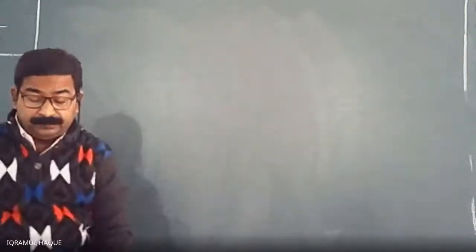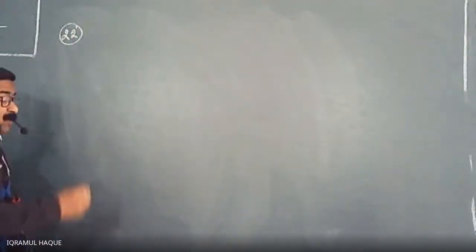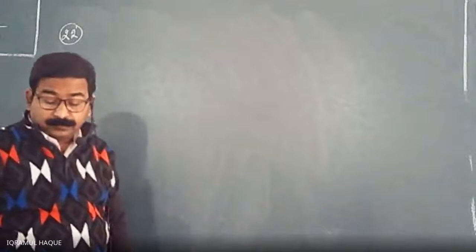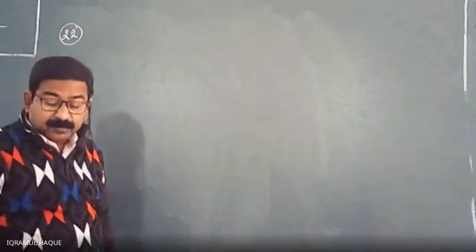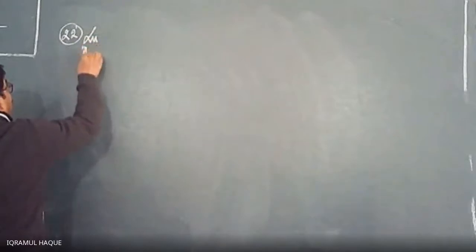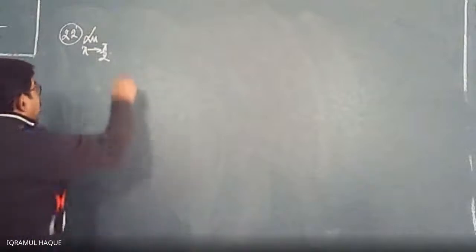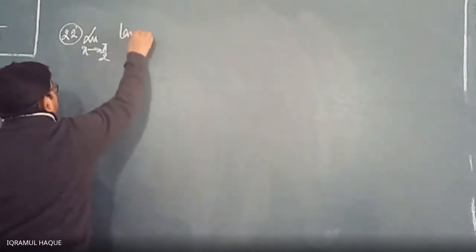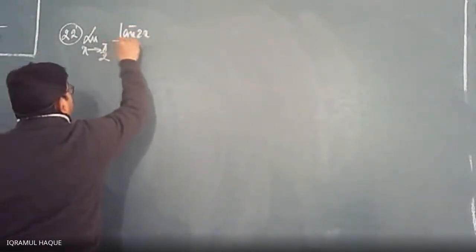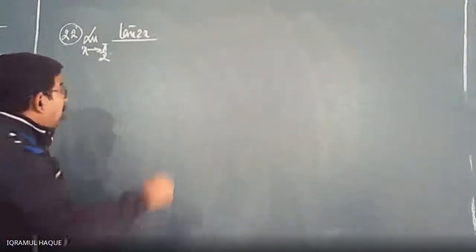Question number 22. Limit x tends to pi by 2 tan 2x upon pi minus x minus pi by 2.